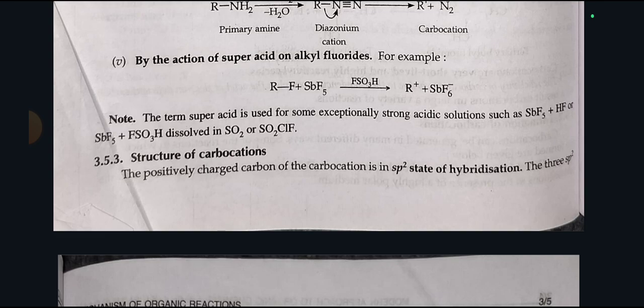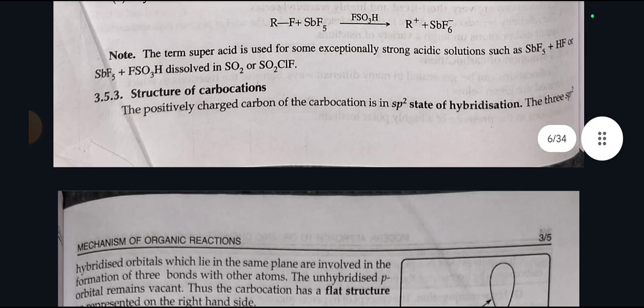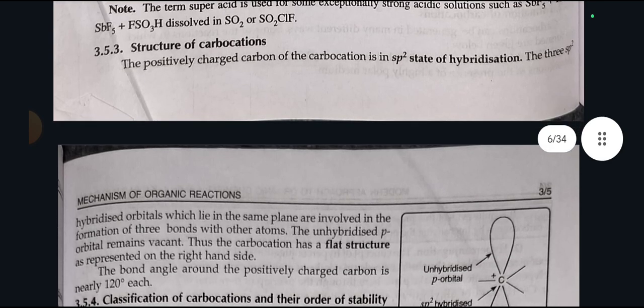For example, RF plus SbF5 in FSO3H gives R positive plus SbF6 negative. Note, the term superacid is used for some exceptionally strong acidic solutions such as SbF5 plus HF or SbF5 plus FSO3H dissolved in SO2 or SO2ClF.